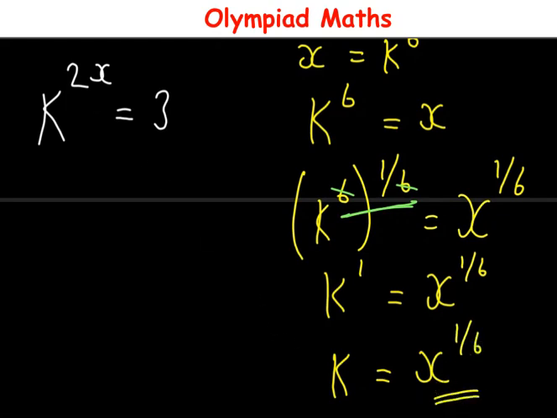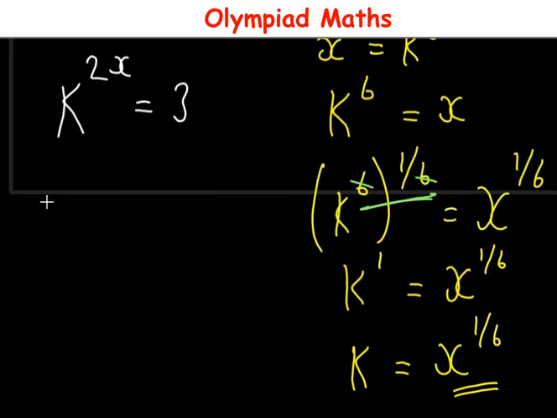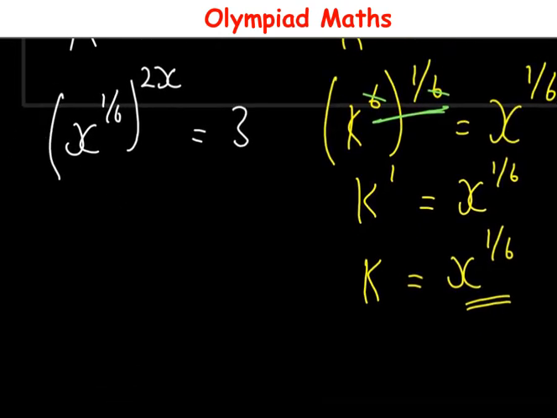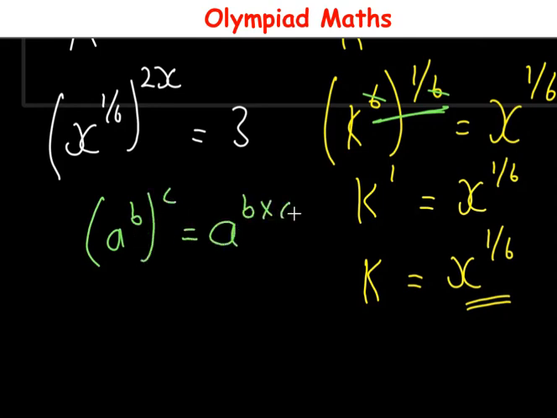So with this, input this value of k into this equation right here. What we have is this. So in brackets, k is x raised to power 1 over 6, all raised to power 2x, is equal to 3. So from here, we are going to apply this rule that if you have, in brackets, a raised to power b all raised to power c, this equals a raised to power b times c.